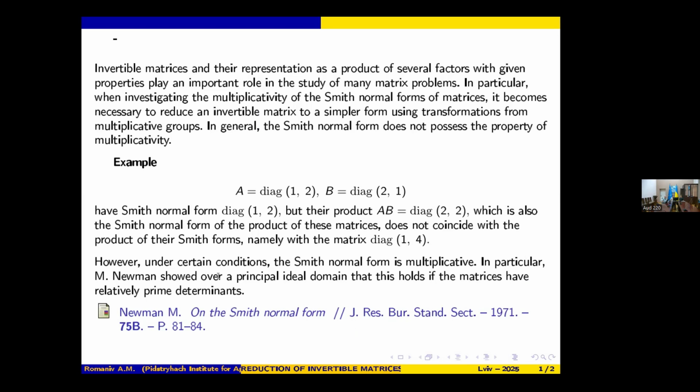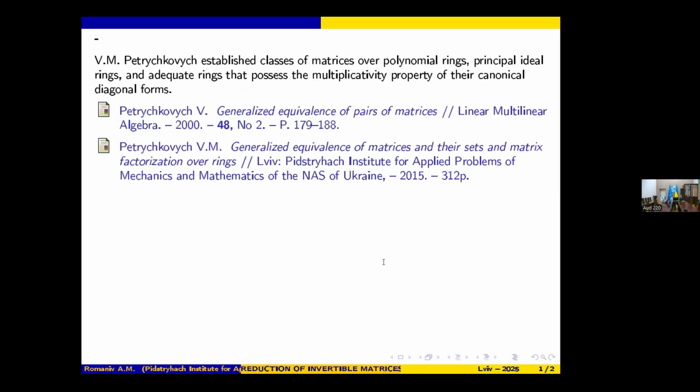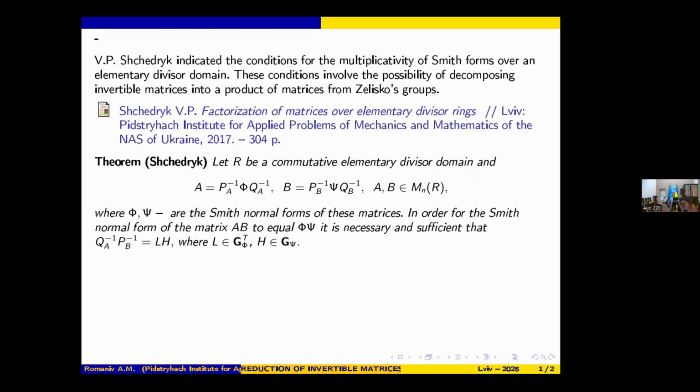But under certain conditions, the Smith normal form is multiplicative. Newman showed over a principal ideal domain that this holds if the matrices have relatively prime determinants. Petrichkovich established a class of matrices over polynomial rings, principal ideal rings, and adequate rings for which the Smith normal form has the property of multiplicativity. Shchedryk indicated the condition for the multiplicativity of Smith forms over elementary divisor domains.